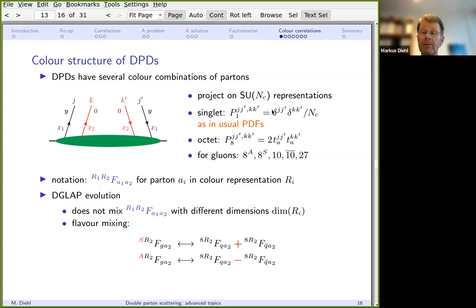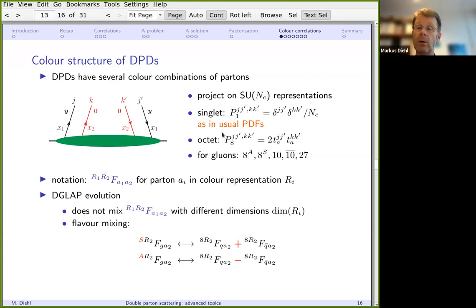So that has two indices to saturate these quark color indices, and it has an open color index in the octet, which just reflects that you've coupled these guys to an octet. If you couple these guys to an octet too, then you have two octets, and you know that you can couple two octets to a singlet by just summing over two octet indices, and that's what is done in here. So we have two different color representations for quark DPDs.